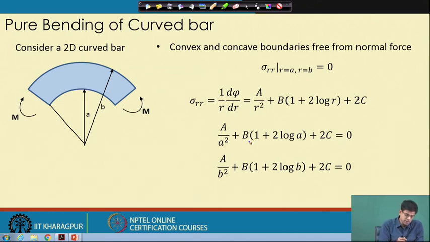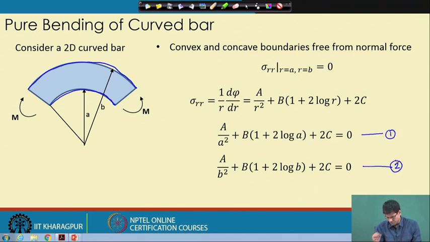So, at this end and this end, there is no sigma rr. Here rr means along the radial direction. So, this leads to two equations. This is the first equation and this is the second equation.